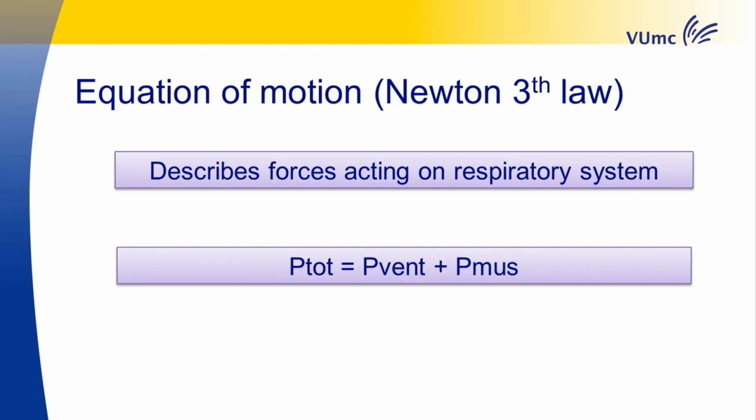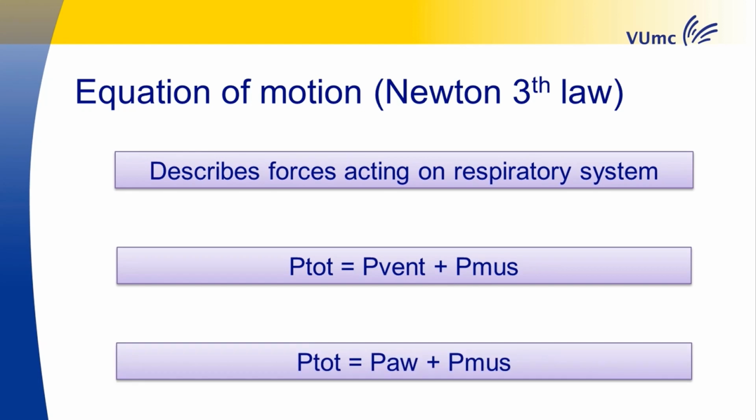So in a patient on a partially supported mode, the forces that are applied on the respiratory system are the pressure delivered by the ventilator and the pressure delivered by the respiratory muscles. And we can replace the pressure developed by the ventilator with airway pressure. So these are the two pressures applied to the respiratory system.